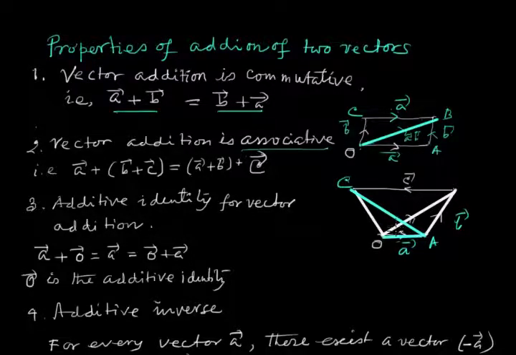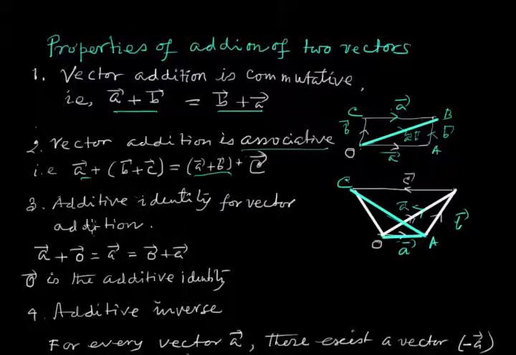Now the other way, if you move, first A plus B, and then C, then also we get this AC. So hence A plus (B plus C) is equal to (A plus B) plus C.